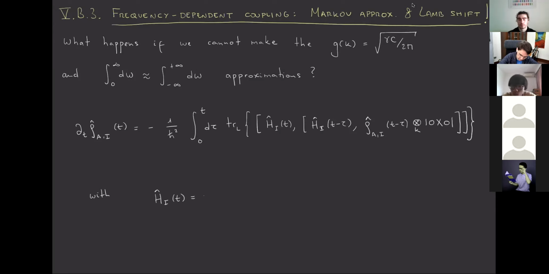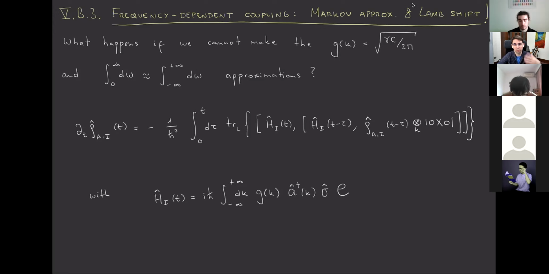So we have i h bar, then integration, and let me write down that in here we have, well, let me write in general the coupling g of k, and then a dagger of k, sigma. And now we assume that we have no lasers either.